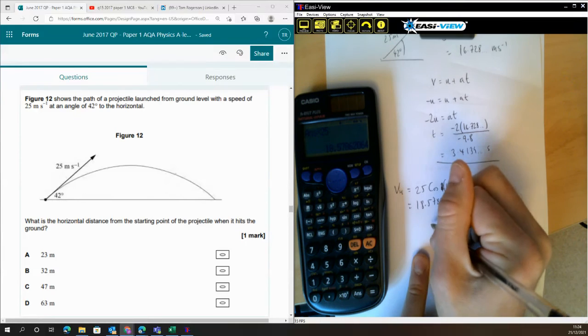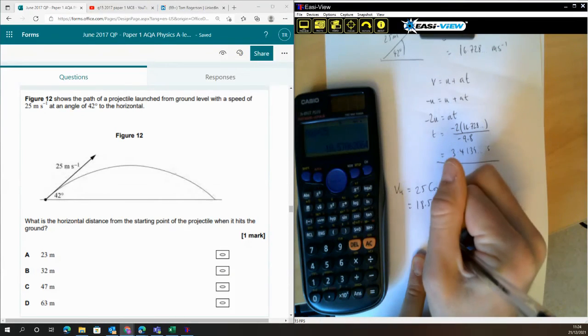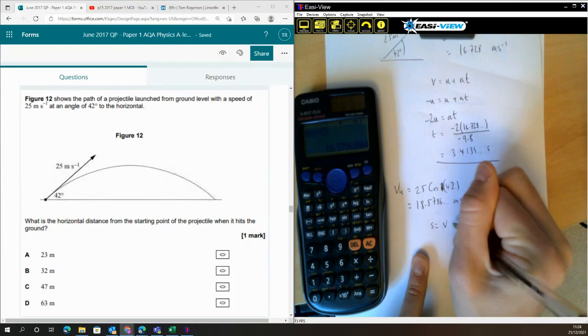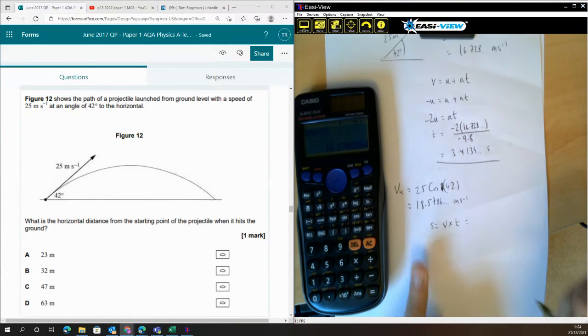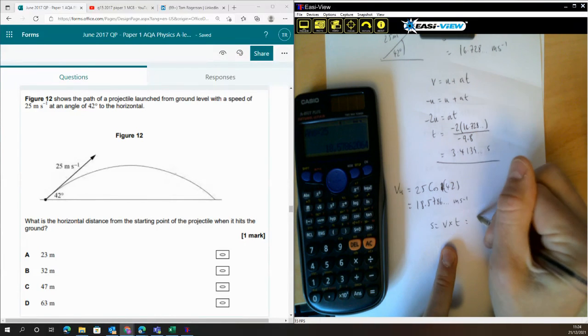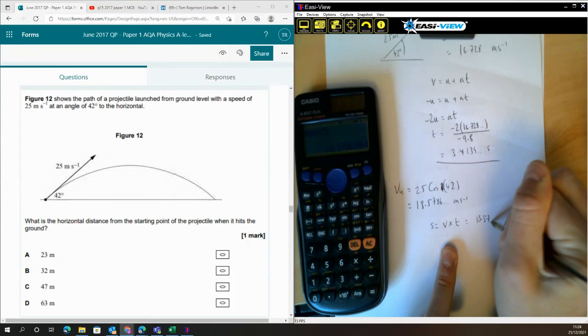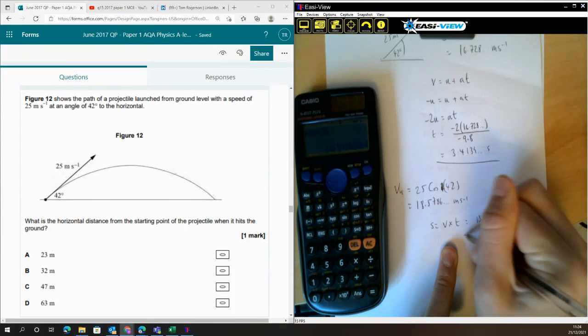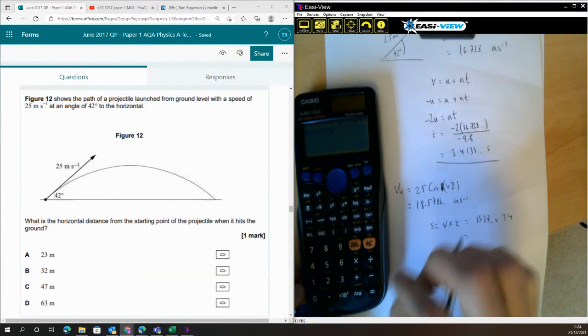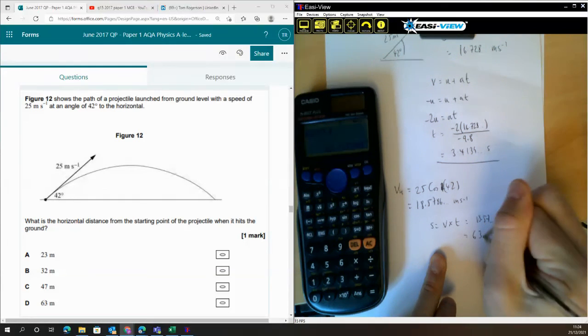Then the distance travelled, the displacement in the x direction, is just v times t, because the velocity is constant in the horizontal direction. So it's 18.57, all that stuff, times 3.4, and we get 63 meters.